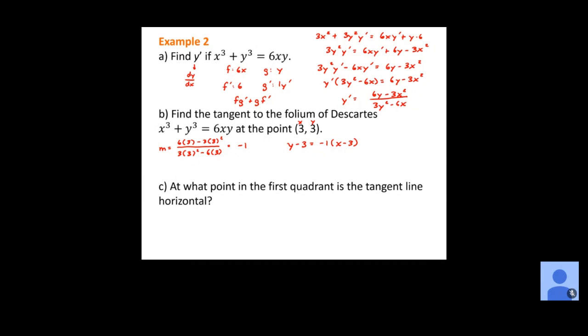If the tangent line is horizontal, what do we know? What do we know about a horizontal line in general?